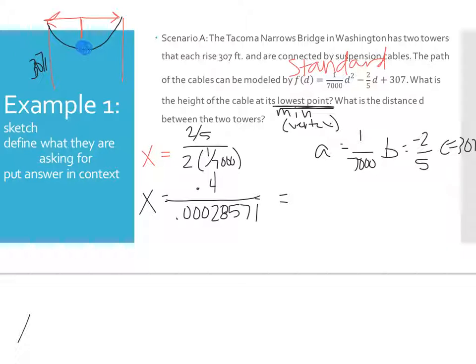So the x value of my vertex is 1,400.21, and this is in feet.